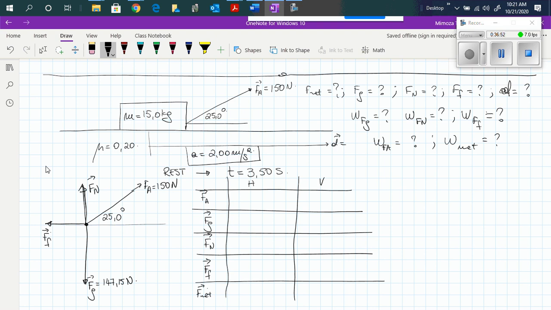So the horizontal component of force applied will be 150 times cosine 25, and it is positive 135.9. And the vertical component is 150 times sine 25, so it will be positive 63.4.